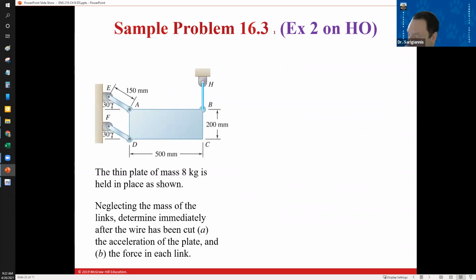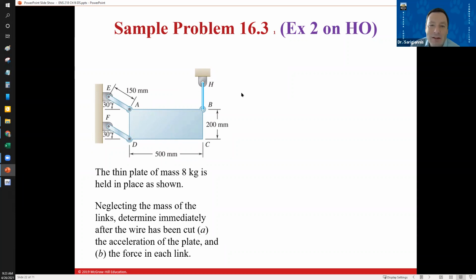All right, so let's look at this next problem here. This is a thin plate of mass of 8 kilograms. It is held in place as shown. Neglecting the mass of the links, what you want to determine is, at the instant when the wire is cut, the acceleration of the plate and the force in each link.